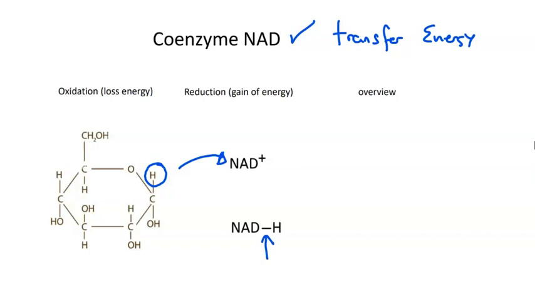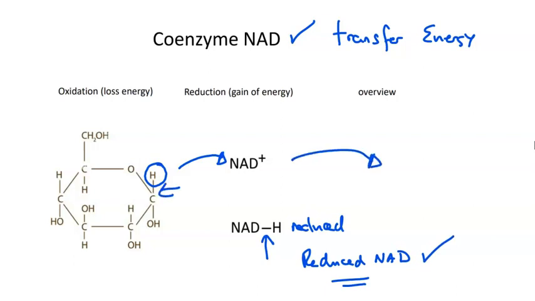And we would say that the NAD coenzyme has been reduced to this form here. It'd be perfectly acceptable to describe this as reduced NAD, and to name it as such in your examination work. So this will then transfer the energy which is here to other processes within respiration in order to generate ATP. How this transfer occurs, of course, is the details of the later stages of the process.